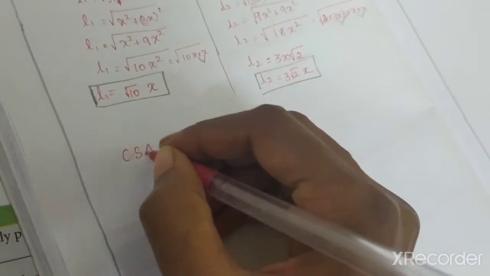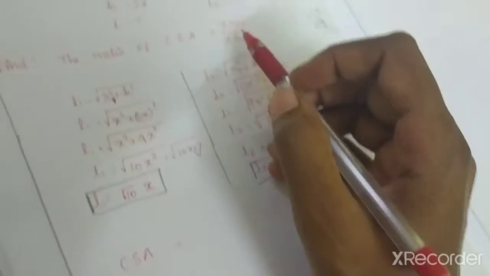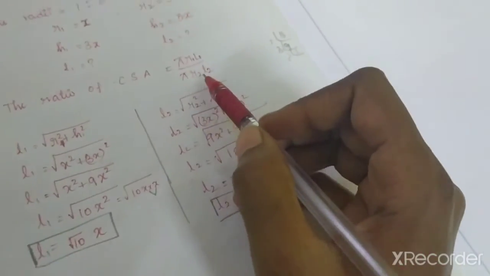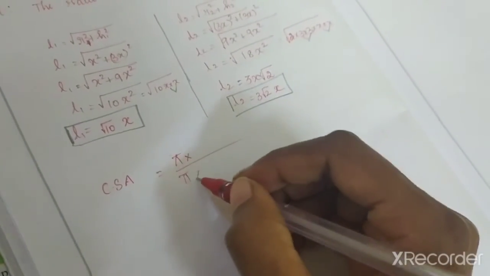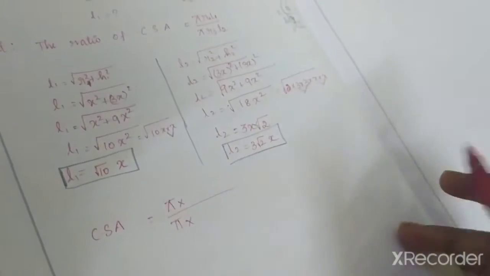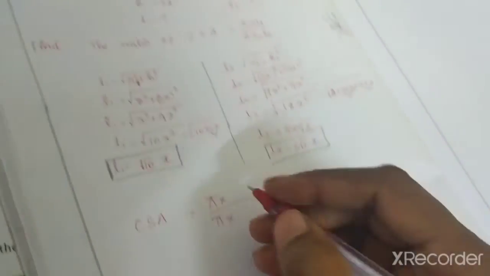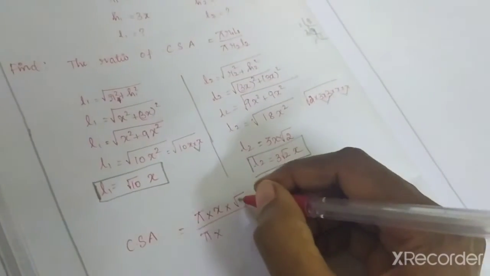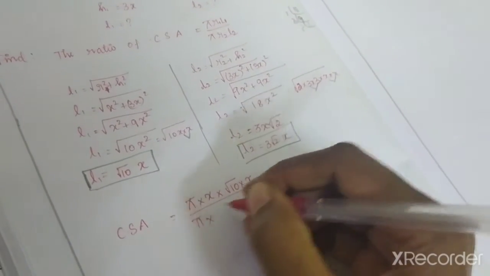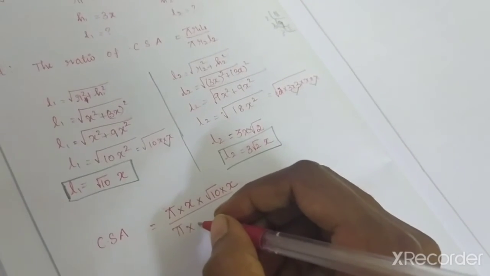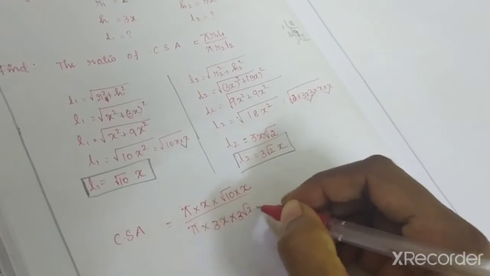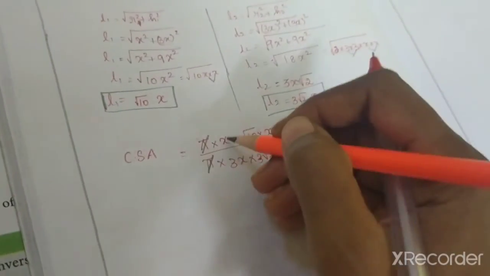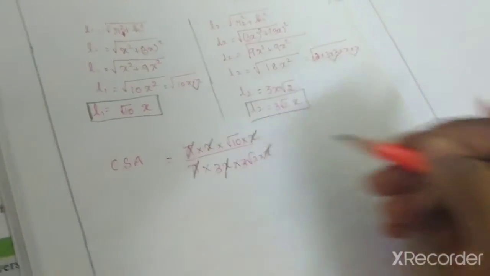So CSA ratio equal to pi R1 L1 by pi R2 L2. So pi you can cancel directly. No need to worry about that, no need to put 22/7. So what is your R1? X. What is your L1? Root 10 into X. What is your R2? 3x. What is your L2? 3 root 2 into x. Okay, in this place I can cancel the x and x.